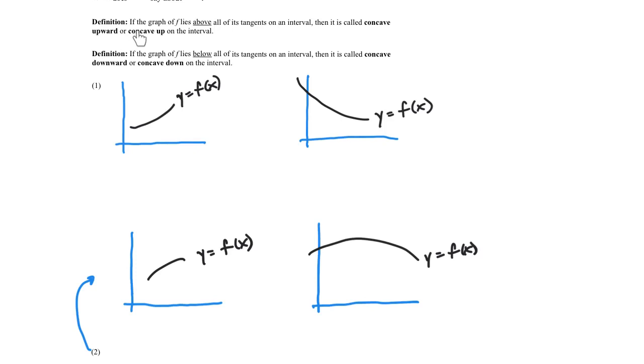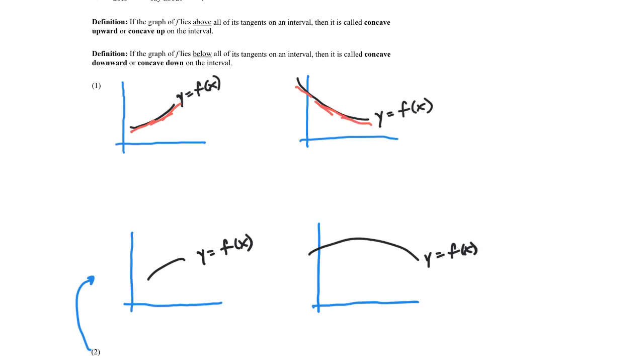Right here it says, if the graph of f lies above all of its tangents on an interval, then it is called concave upward or concave up on the interval. So if you look at this first one, problem number 1, if I take tangents to this curve, all the tangents are below the curve.